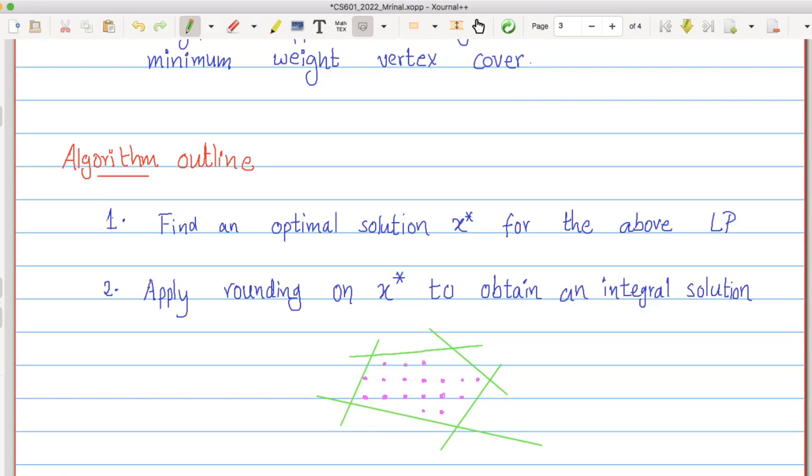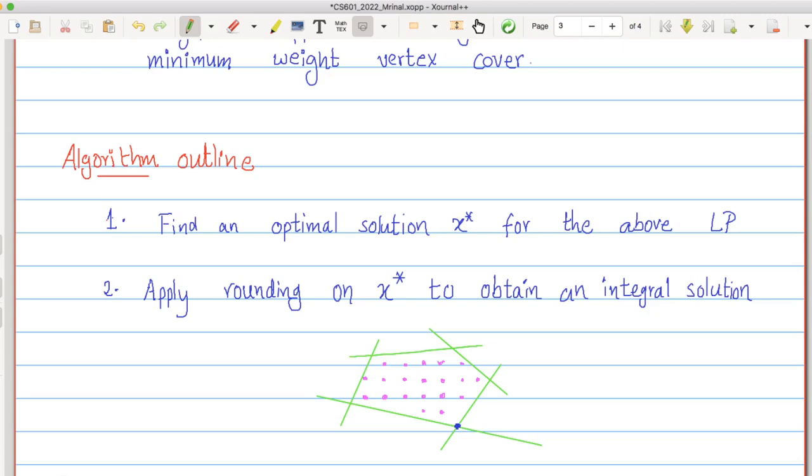correspond to vertex covers, but when you find an optimal solution of the LP, it will not be among these, right? So the optimal solution for the LP will be somewhere at the boundary. So let's say it's here. So this blue point, let's say that's the optimal solution for the LP.